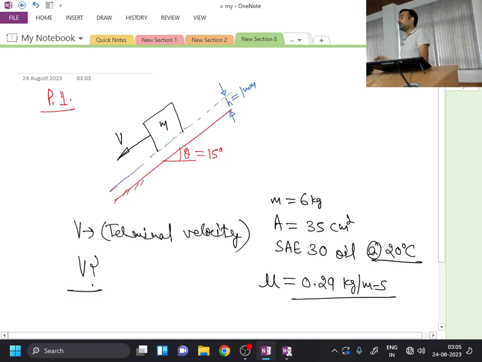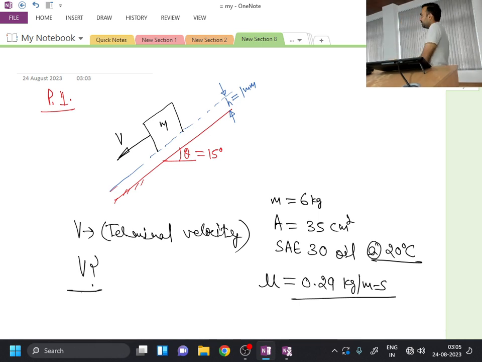First you have to tell me what you mean by the terminal velocity of our object, because only then can we determine it. It is the velocity acquired by the substance without acceleration. If there is no acceleration, then it will achieve some uniform velocity, and that velocity is called the terminal velocity.